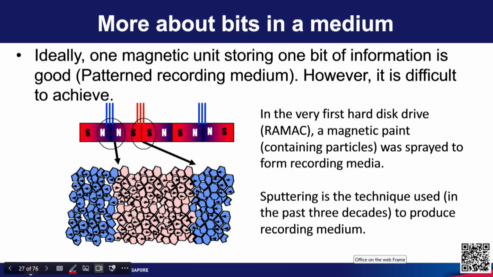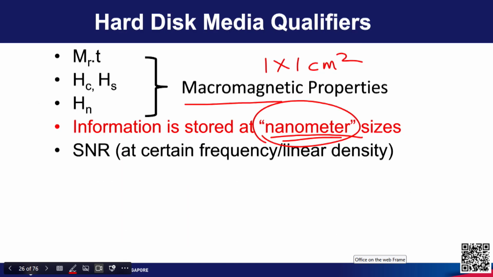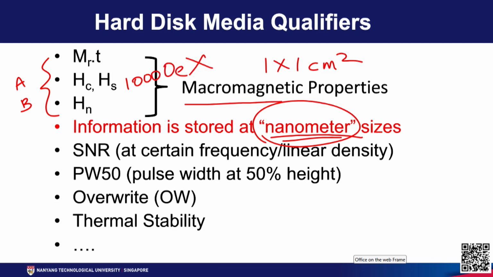Before we go to that, people do not just stop here. Measuring these properties gives you some idea whether your recording medium A or B is good. If coercivity itself is like 1000 Oersted, for example, you can throw it away and say that this medium is useless.